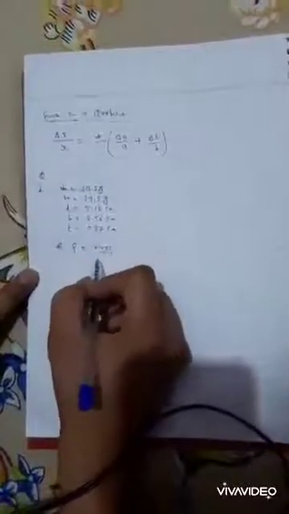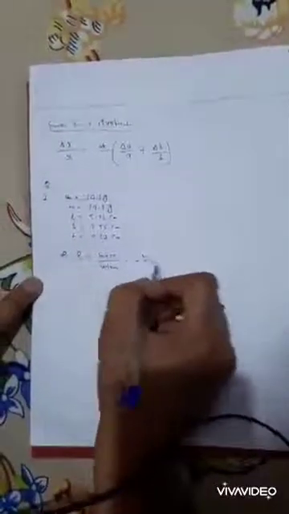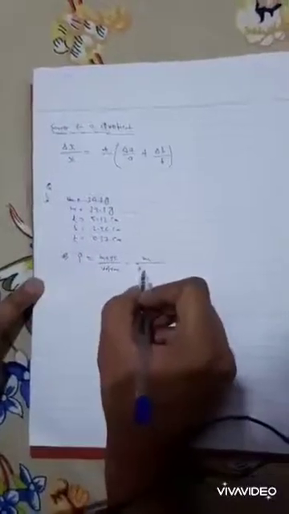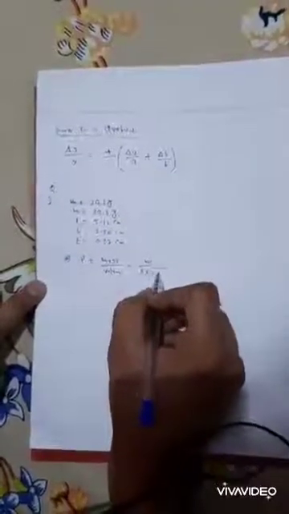So density is mass by volume, and volume we all know, that is length into breadth into height.